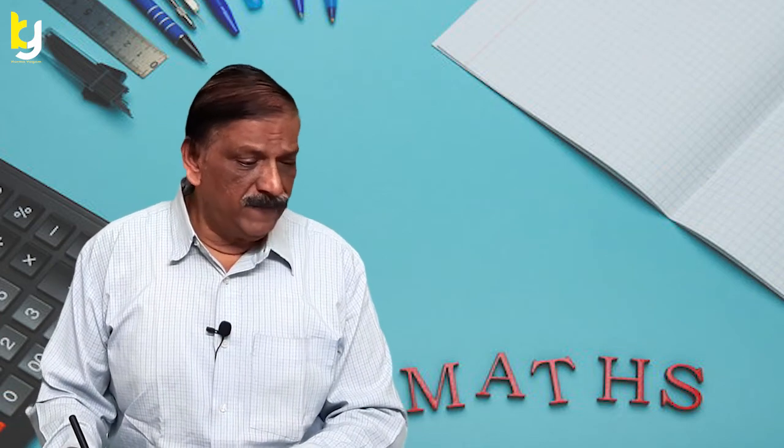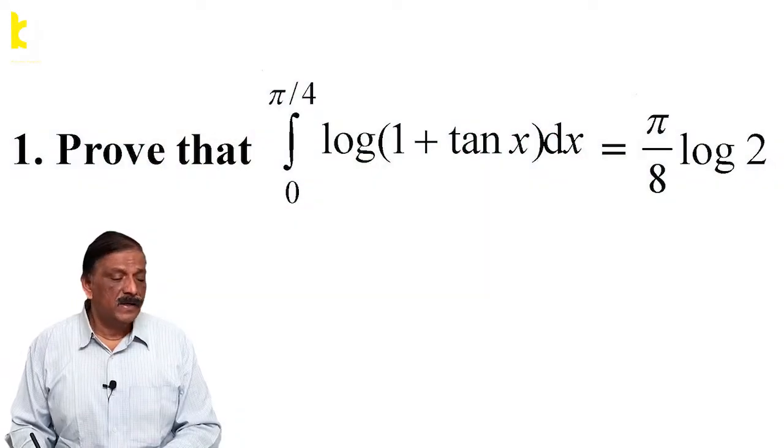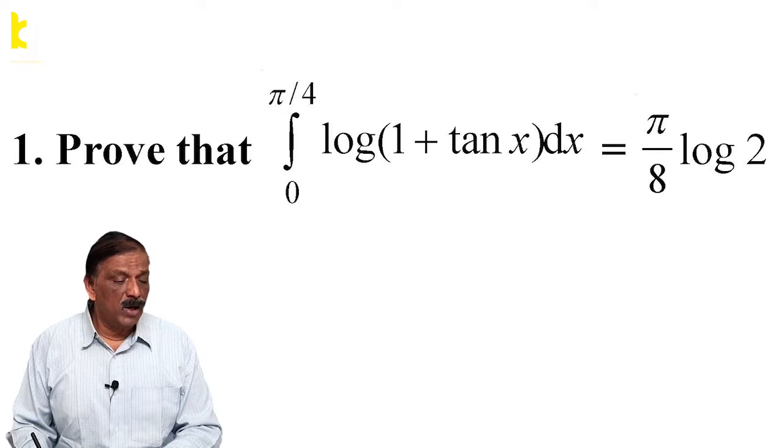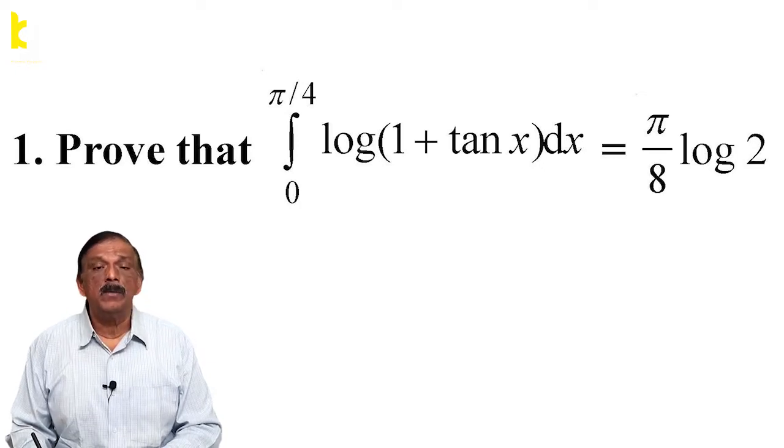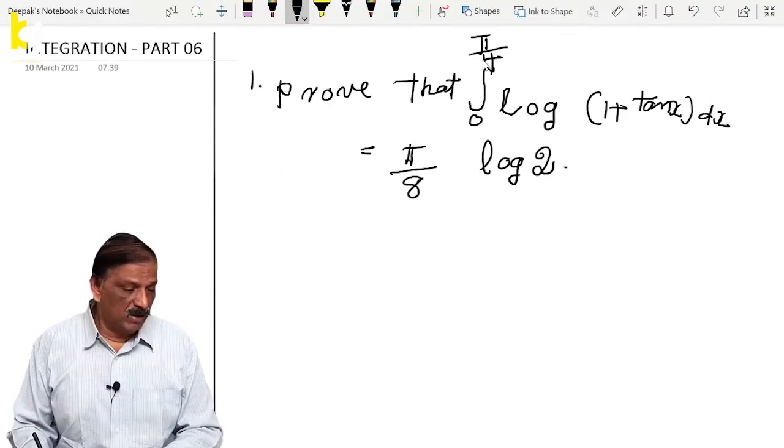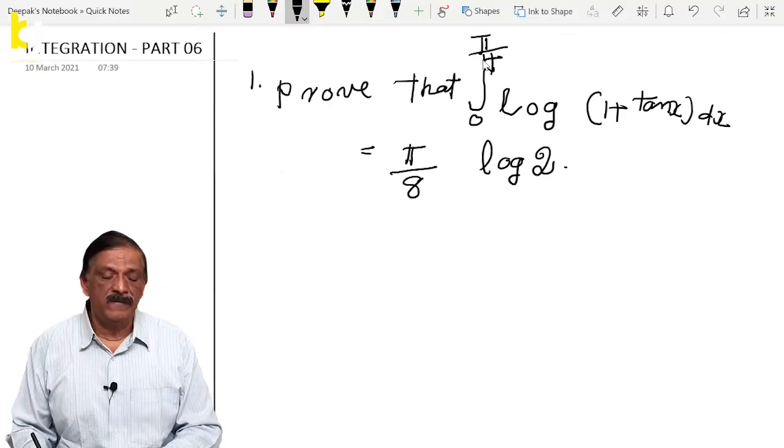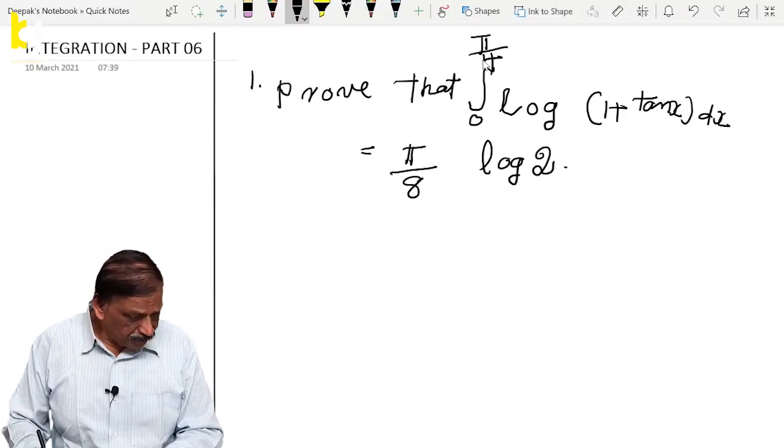See, the question is, prove that integral 0 to pi by 4 log 1 plus tan x dx is equal to pi by 8 log 2. This is one of the important questions in integration.